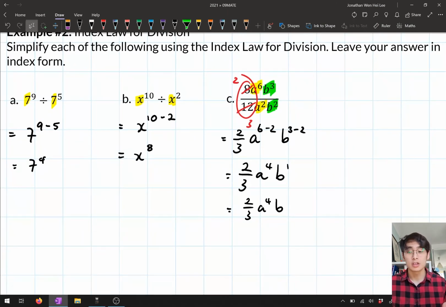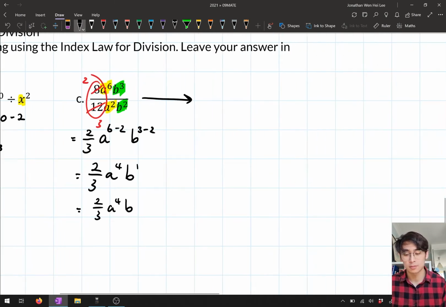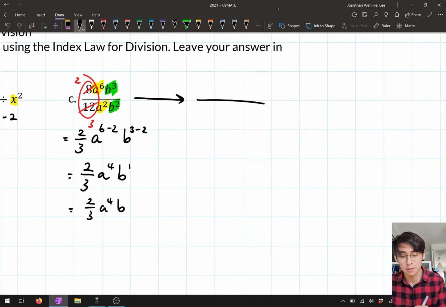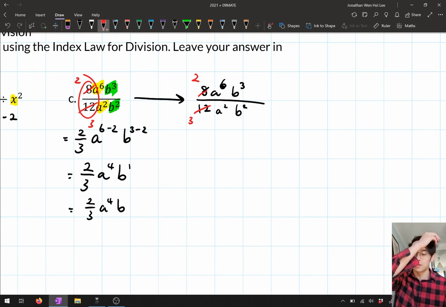Now, another way that you can do this is when we are doing division, with fractions in particular, you can just cancel out common factors like we did with the numbers in our algebraic terms as well. So just like I did before, I've got 2 and 3 because I can cancel out 4 from both of the terms.